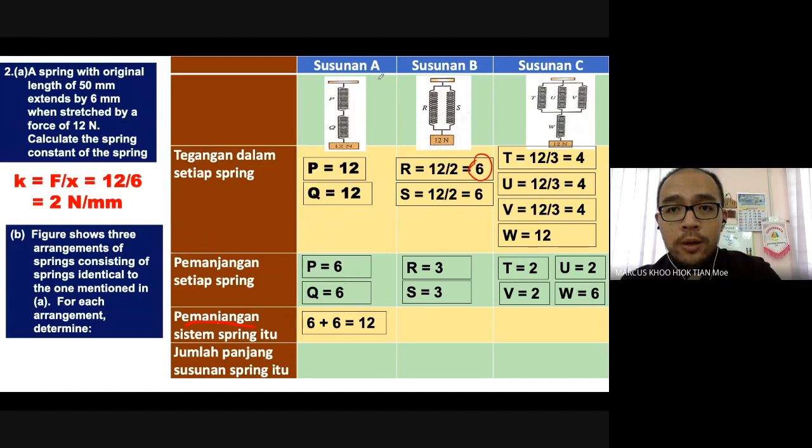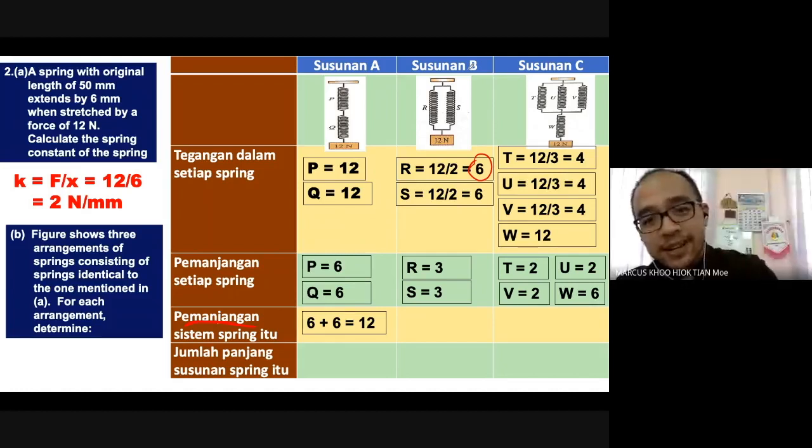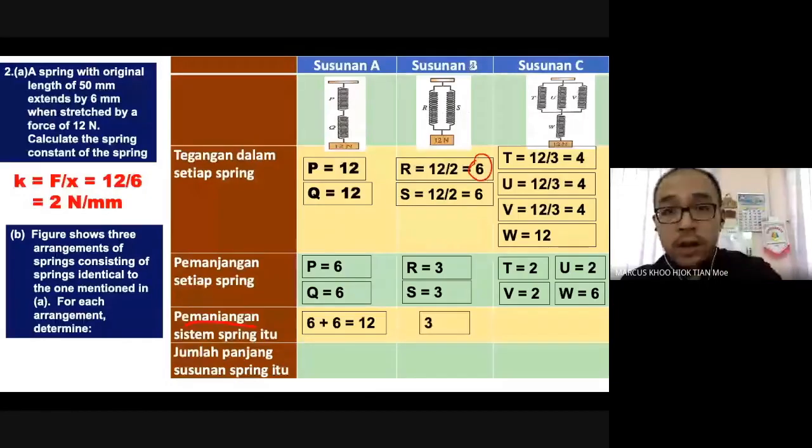Okay, what about in B? What is the total extension? 3. Yeah, okay. It will be 3. You cannot say 3 plus 3 is 6, because this one extends 3, this one also extends 3.